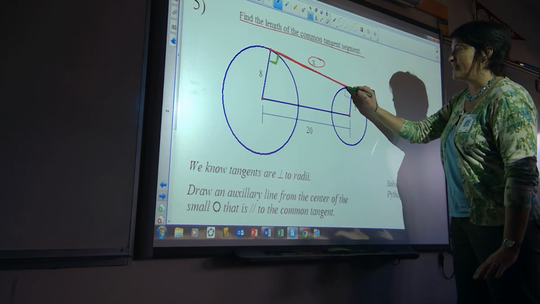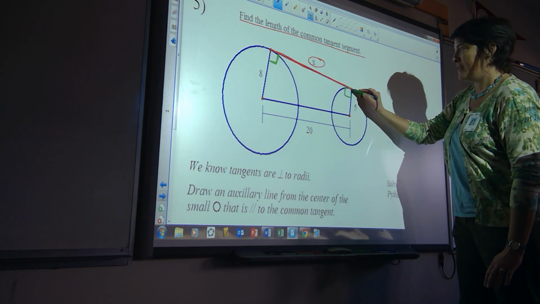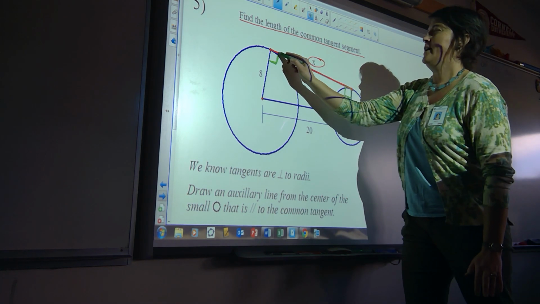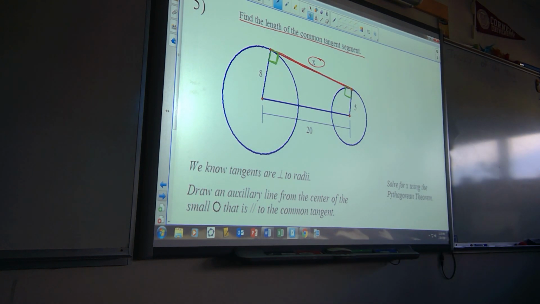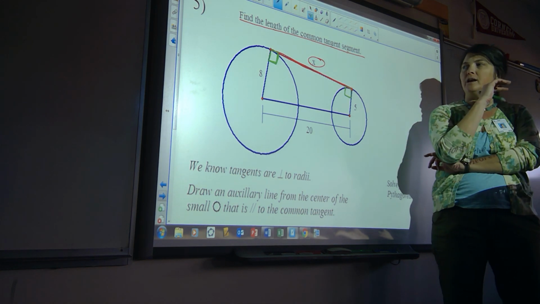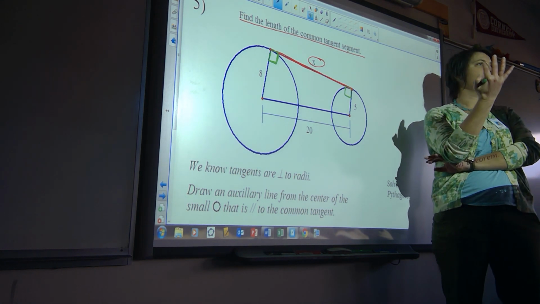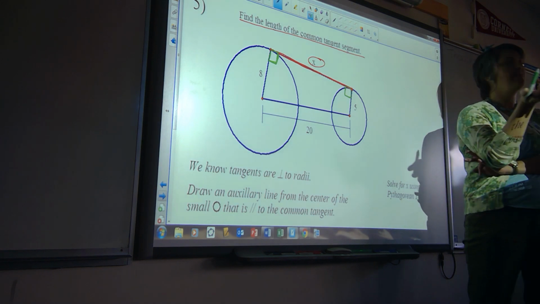Now I want you to think about that red line that I've outlined, those 90-degree angles, and the other straight lines that we know something about. Do you see a shape that you might know something about?